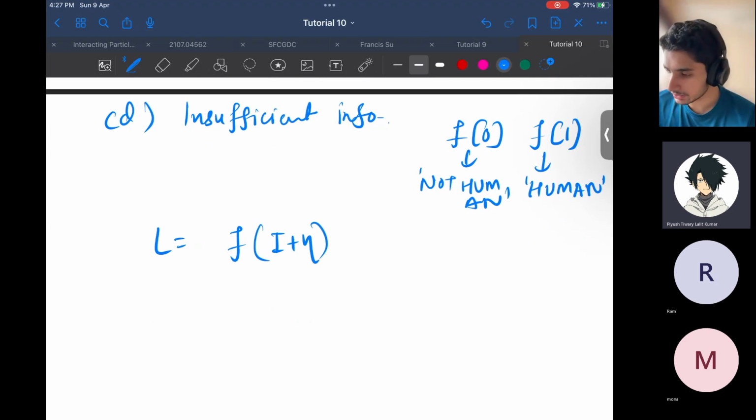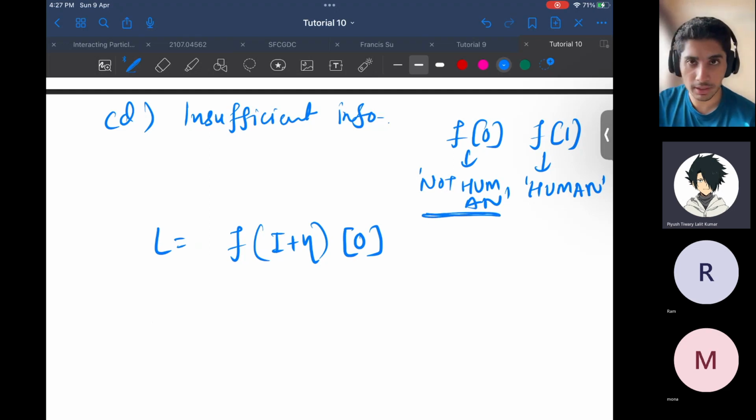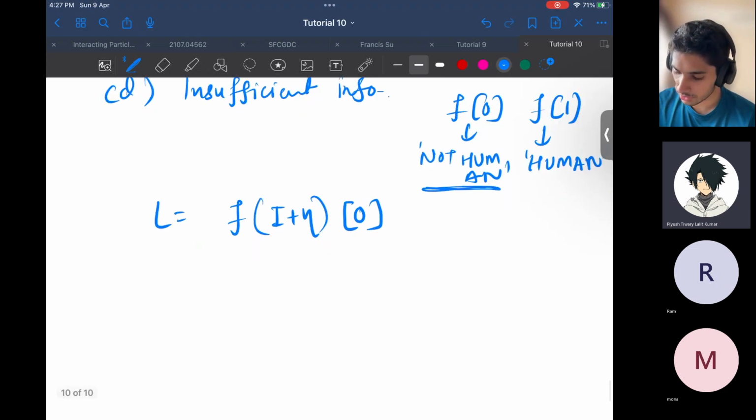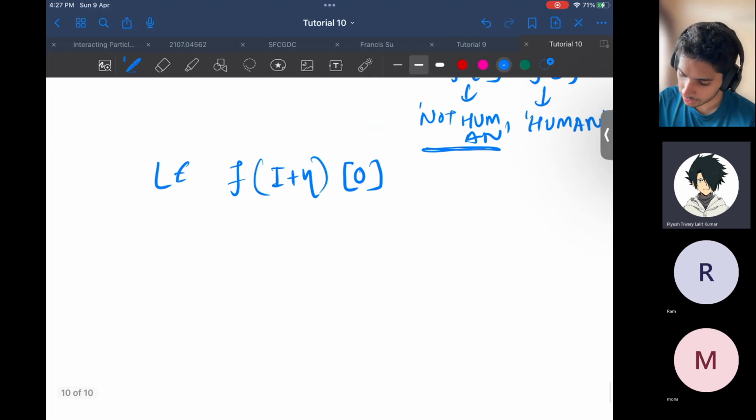Let my loss function be f of I plus eta, and the zeroth part of it. So I'm saying the logit corresponding to not human. This will be the loss function, L of eta. I am trying to optimize my eta.